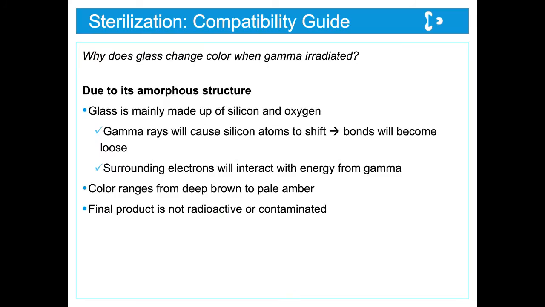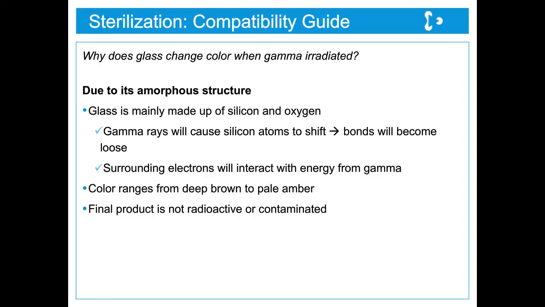I also mentioned that both type 1 glass and type 3 glass can cause color change when gamma irradiated, and that's due to its amorphous structure. Glass, borosilicate glass, or soda lime glass constantly, since its amorphous structure, has bonds and atoms shifting around into the entirety of the molecule.